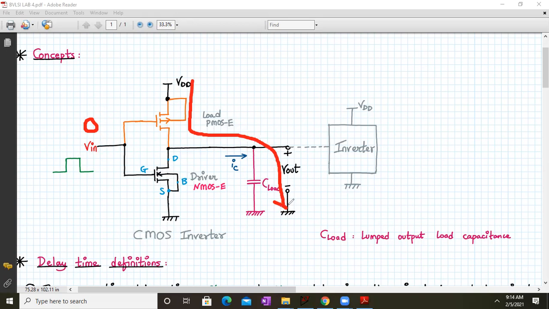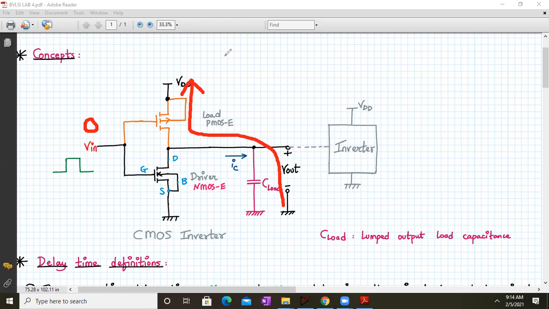The capacitor will charge towards the VDD value. Actually, the arrow will be slightly different. So whenever the input is 0, the capacitor will charge towards VDD via the PMOS load.